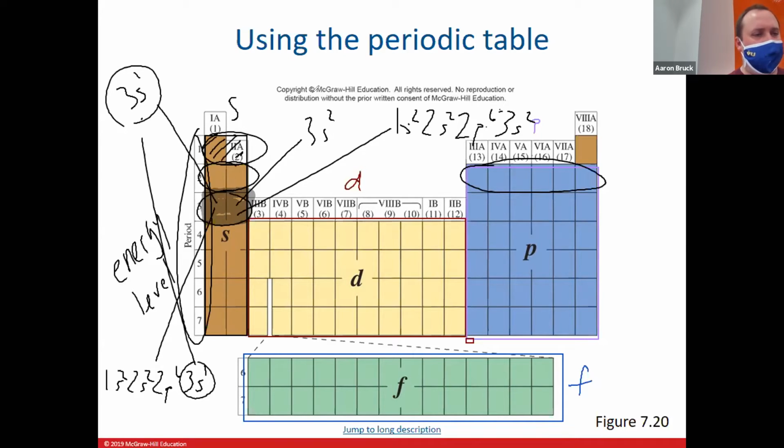The next group is the 2s. There are 2 blocks in that 2s. The next group being the 2p. There are 6 blocks. 1, 2, 3, 4, 5, 6 there. And then to get to magnesium, I have to have both of the electrons in the 3s.